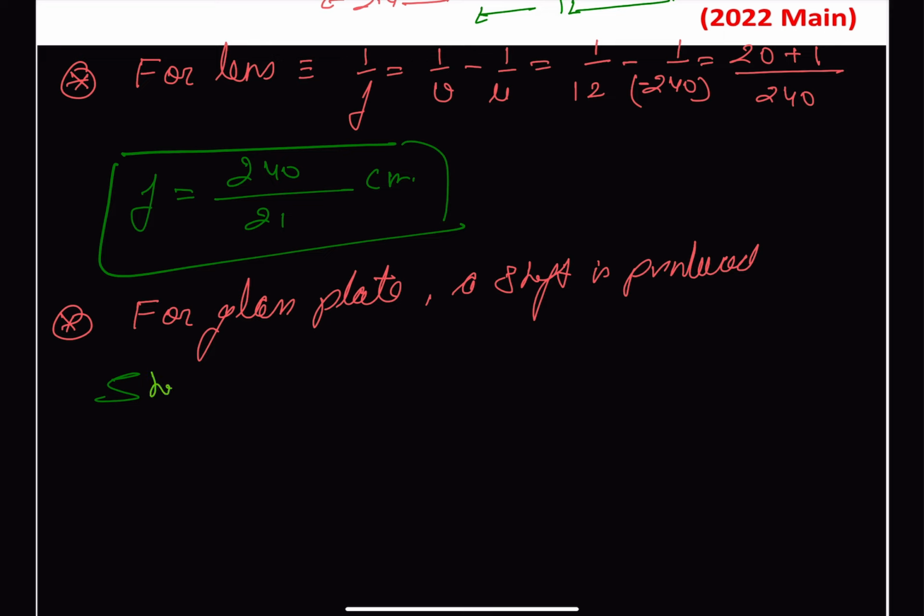So we can say our shift, given as S, will be equal to thickness times 1 minus 1 upon refractive index. So this is given as 1, we have 1 minus 1 upon 1.5. So we get this shift will be equal to 1 by 3 centimeters.